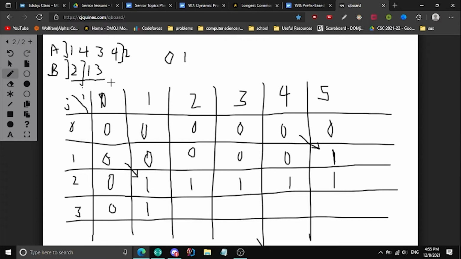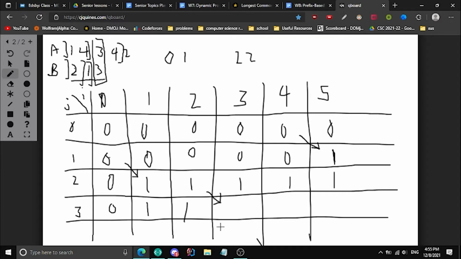So that's going to give us the maximum as well. But if we look at the third elements here, we're going to see that these are equal. So we're going to look at the prefixes that are before them, right? So that's going to be the prefix 1, 4 and the prefix 2, 1. And that's going to be dp at 2 at 2. And so that's going to be this cell right here. Again, it's always the thing on the top left corner of the current cell.